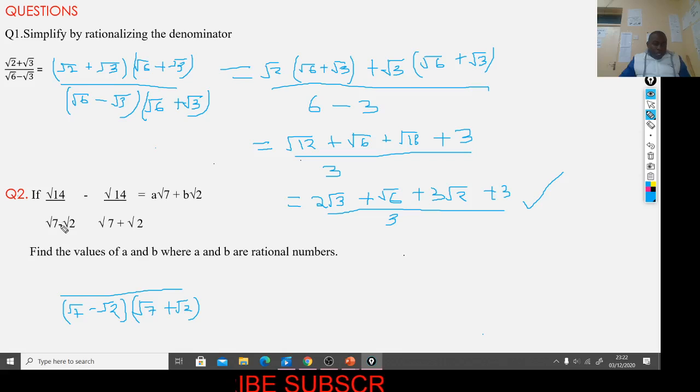So I find this one comes to the LCM how many times? Remember this and this cancels, it comes this times. So this times root of 14, it becomes root of 14 into root 7, into bracket root of 7 plus root of 2. You close that bracket because we're multiplying.